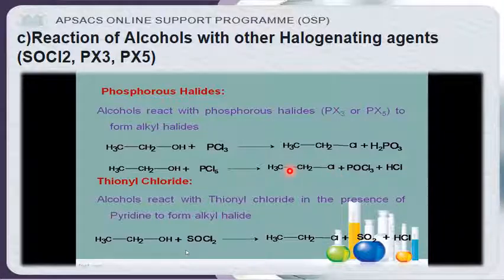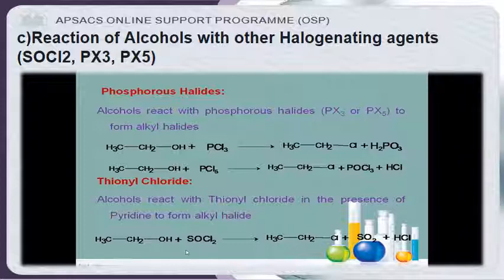When alcohol reacts with PCl3 or PCl5, that is phosphorus trichloride or phosphorus pentachloride, it will give the alkyl halide. The phosphorus trihalide or phosphorus pentachloride reacts with alcohol to form alkyl halide, and it is the best method to prepare the alkyl halide.